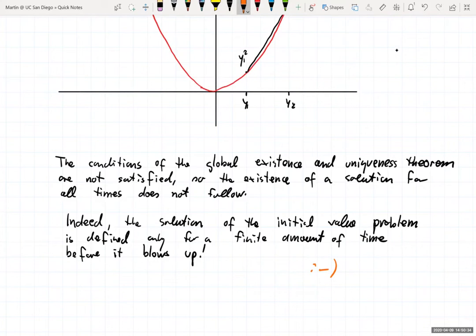That's actually great. So it shows us that we have at least one example where the theorem does not apply. This always sets us on the right track to what actually happens.